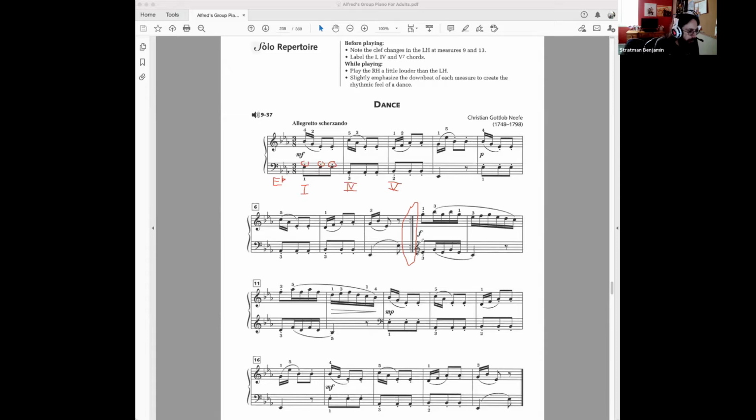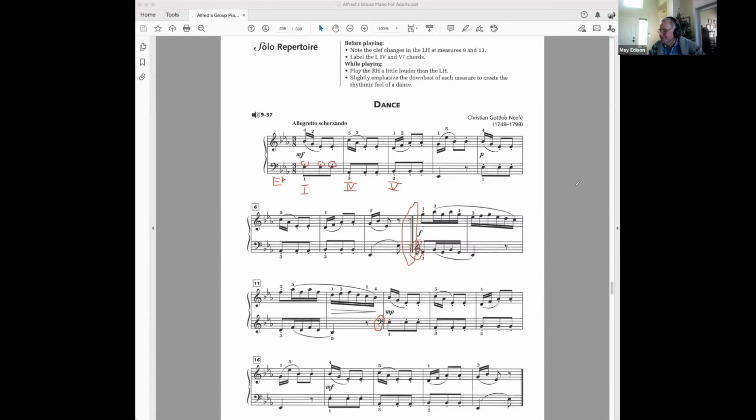Check this out. We have a clef change. Clef change on the bottom, yeah. Clef change back. But that's on the wrong side of the bar, isn't it?